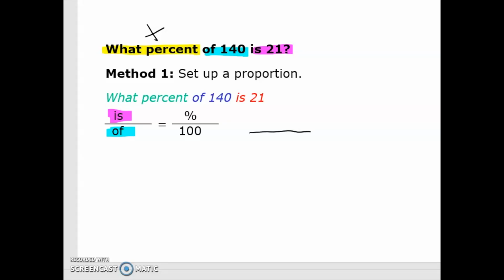So now I'm ready to set this up. What percent? X goes in the percentage. Of 140, 140 goes in place of the word of. Is 21, 21 goes in place of the word is. And percents are always out of 100.